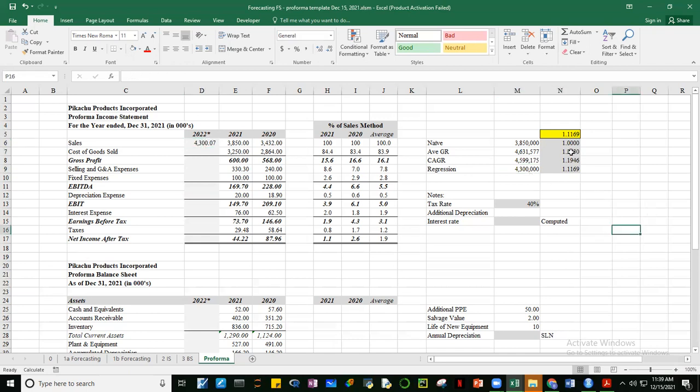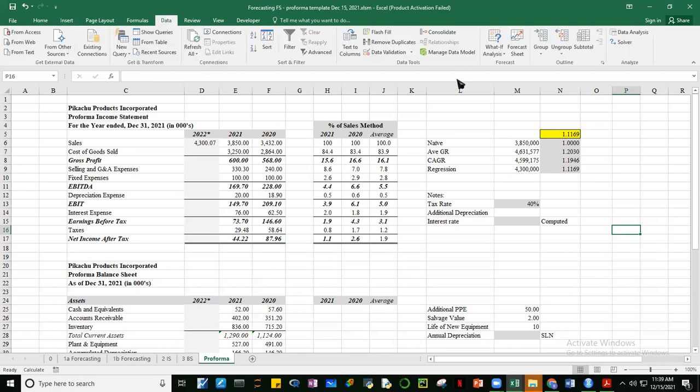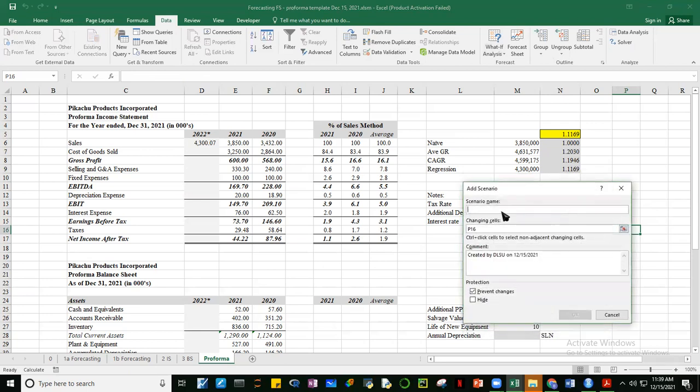Okay, and later on guys, kung gusto natin mag-scenario analysis, as I was saying, we go to data, and then what if analysis, scenario manager. Okay, mag-a-add tayo. Okay, we can call it naive. Diba? Naive yung una. Tapos, ano yung changing cells natin? Ito.